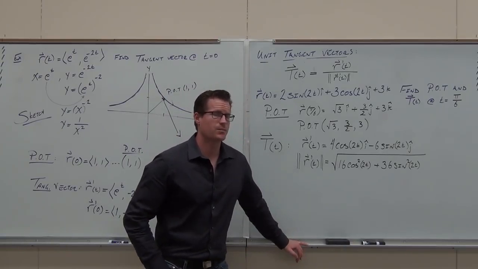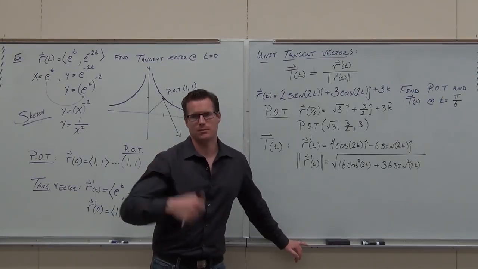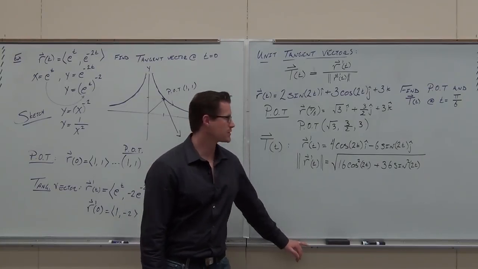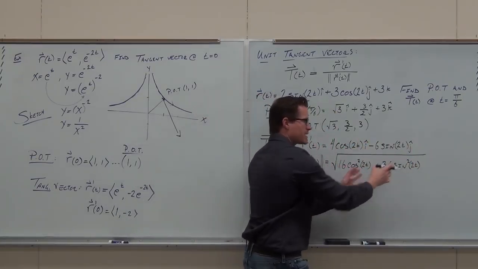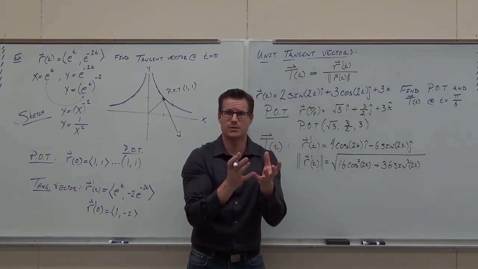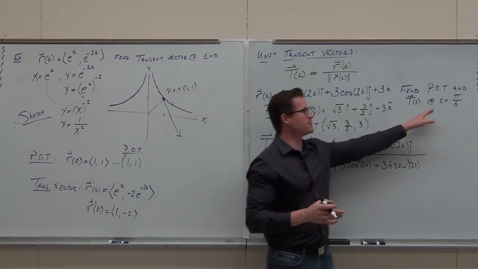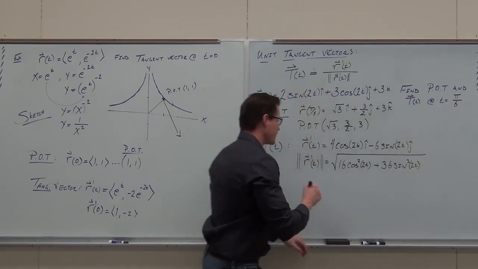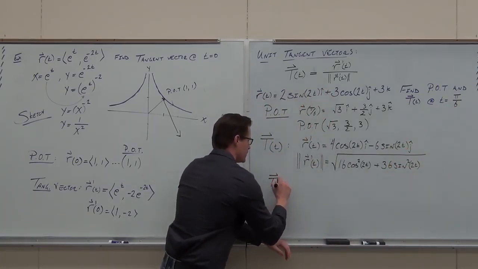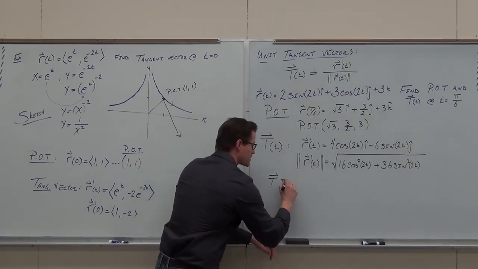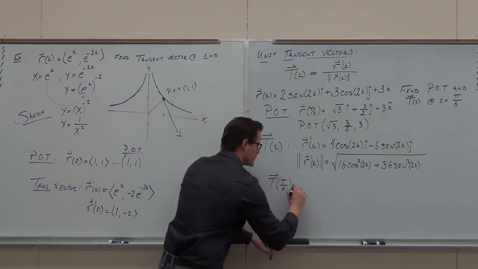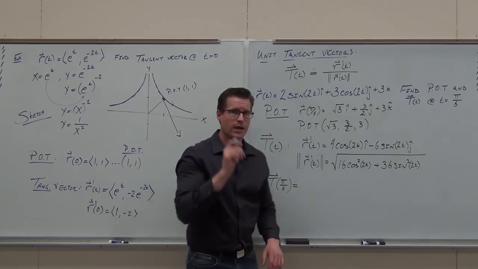Okay, here's the deal. Please listen here. If you have to give me the formula for the unit tangent vector, it's right here. You just divide them. Here's the tangent vector divided by the magnitude. That's the formula. Do you guys get what I'm talking about? If I have a specific value, and I want to find the unit tangent at a point, so at pi over 6, you can do it a couple ways.